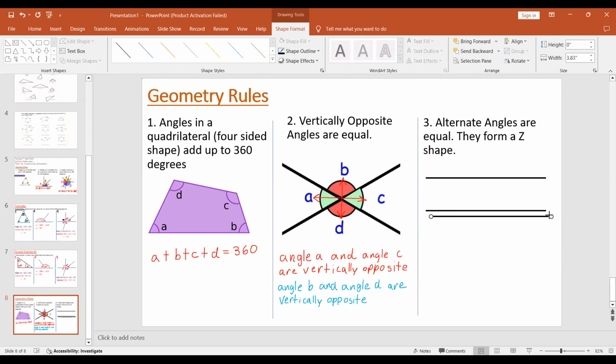All right, so if we have a transversal, so we have two parallel lines, or two lines that are parallel to each other, and then we have a transversal.